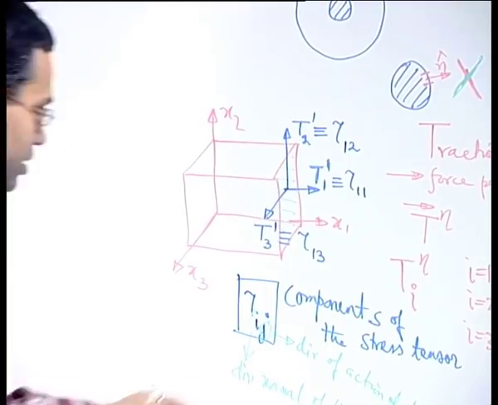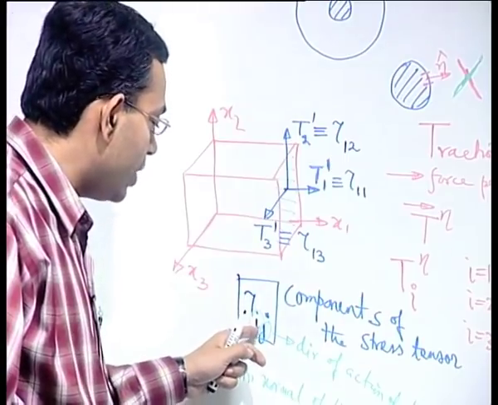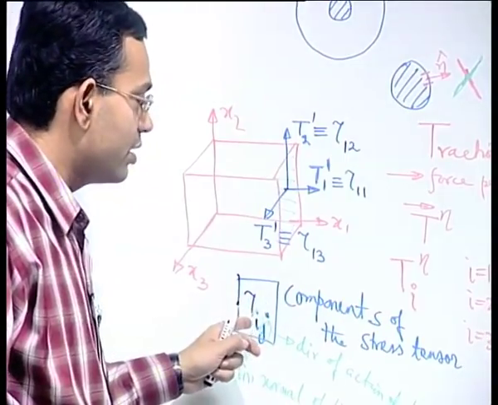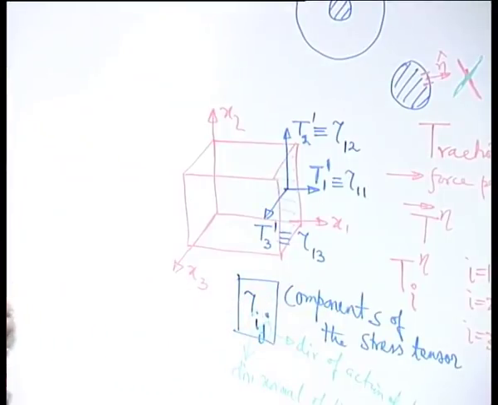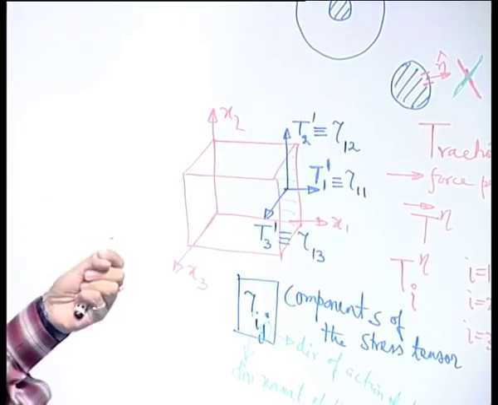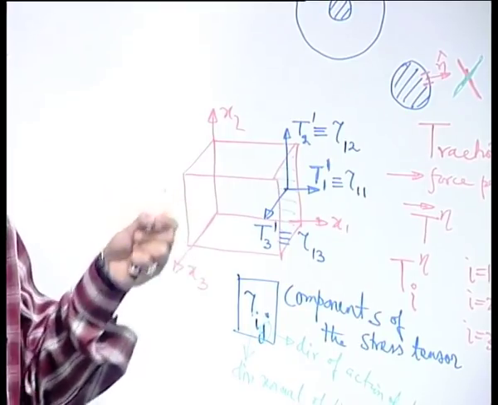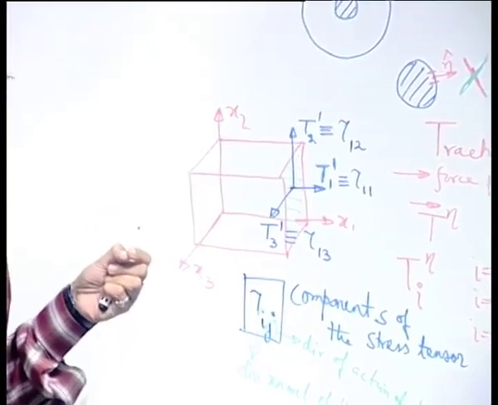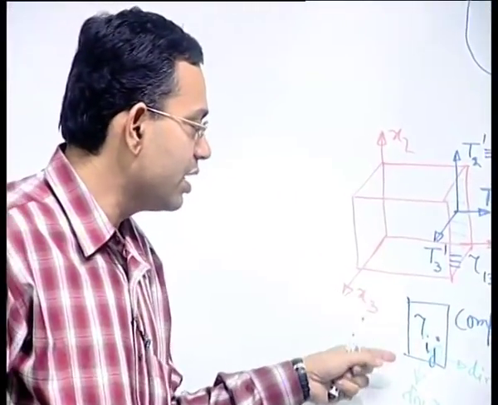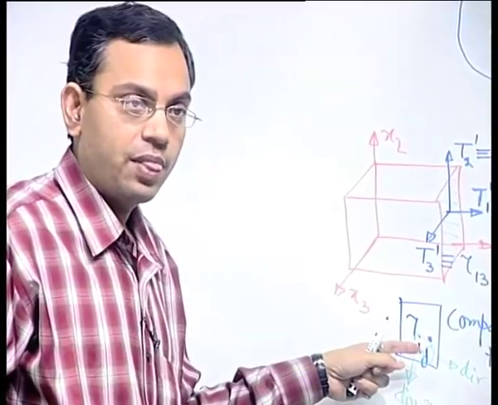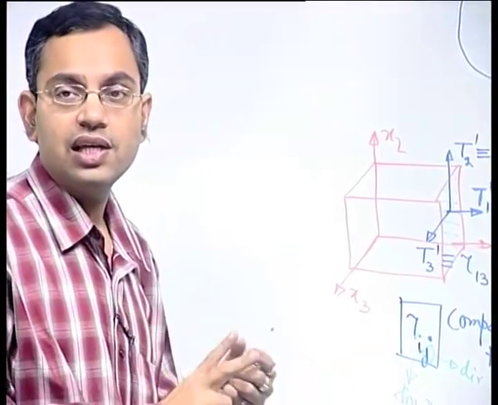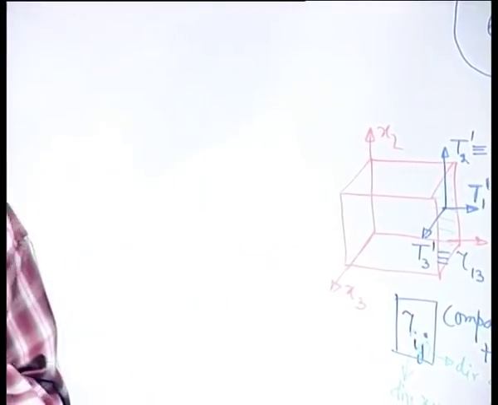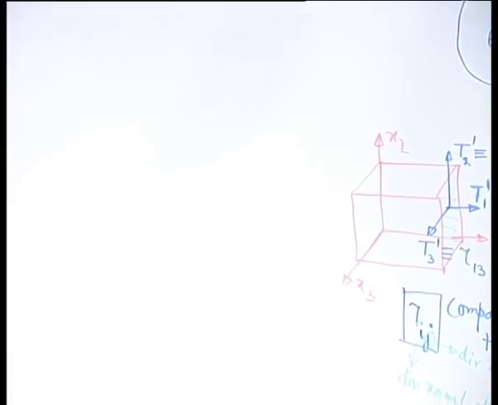Then what is the requirement for the two indices? Because the stress at a point does not only depend on the force per unit area, but it also depends implicitly on the orientation of the area that is chosen to specify the stress, and there comes the index i. So it requires two indices for its specification, and more formally it is called a second order tensor.